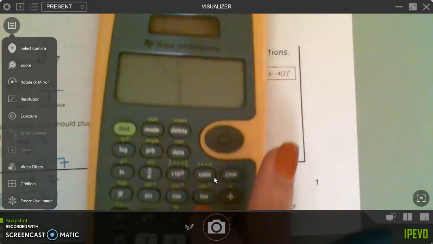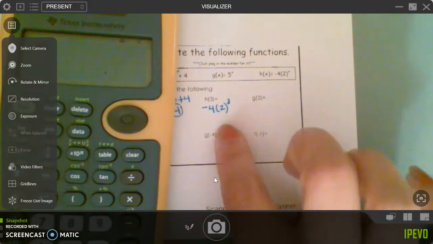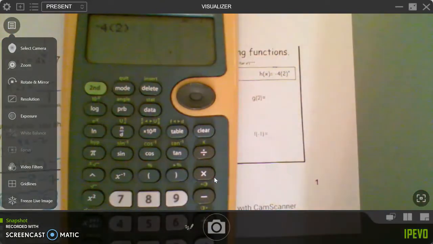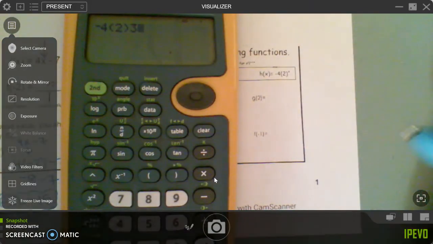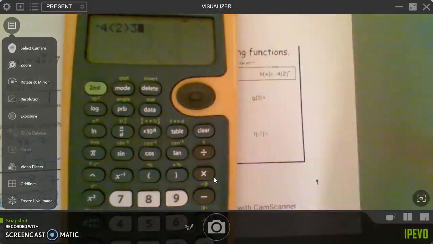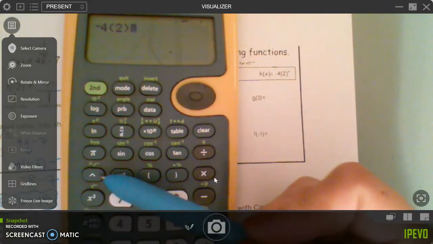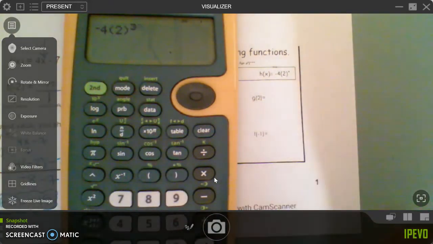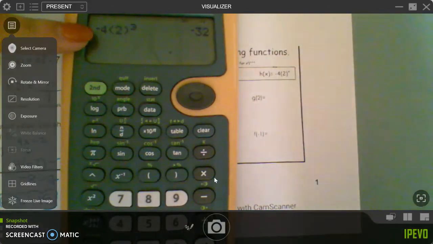So you're doing the negative 4, let me turn it on, negative 4, and then it has the 2, so parentheses 2, and then to get the exponent of a 3, I can't just put 3, because this 3 needs to be small up top. So I have to use this button right here, this caret button. It's called a caret. So caret 3 makes the 3 small up top, and then enter, gives you negative 32.